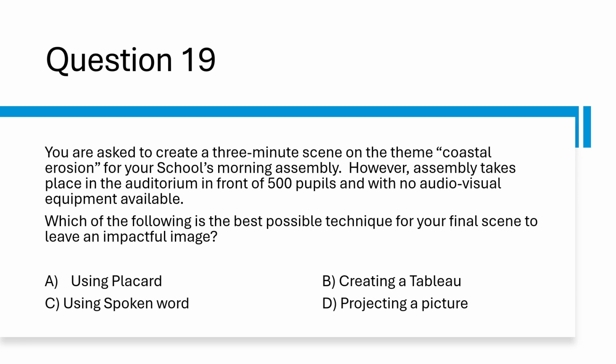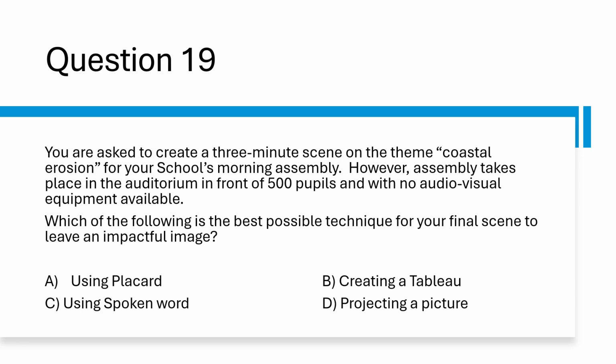So of course that's a lot of persons, but what is important is that there is no audiovisual equipment available. So immediately we know that it rules out D for us, because we can't project an image. So there will be no D. But let us look at what else could work.